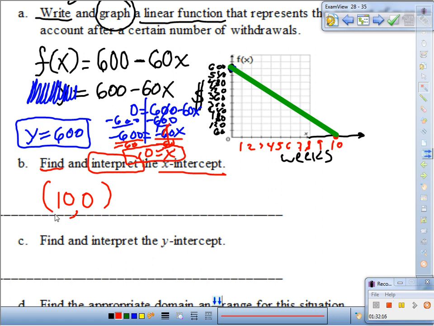Tell your neighbor, please. What does this mean? Vanessa, what does it mean? In 10 weeks. Continue. In 10 weeks.